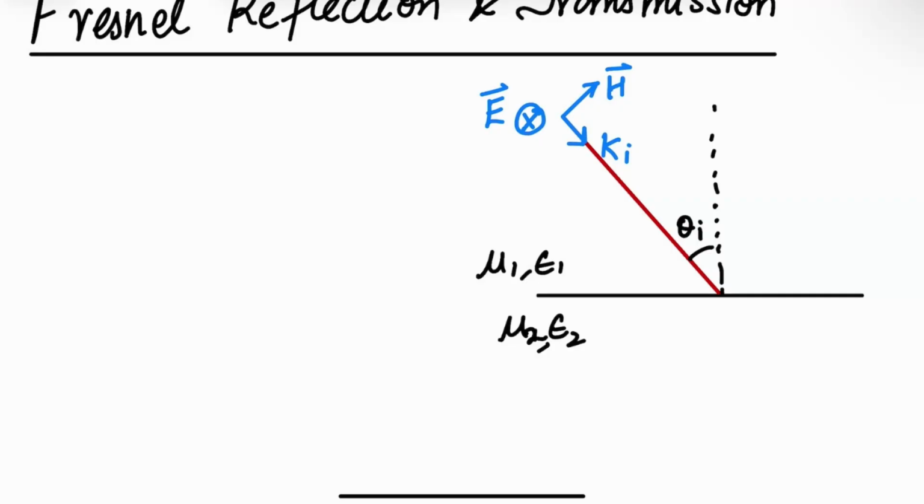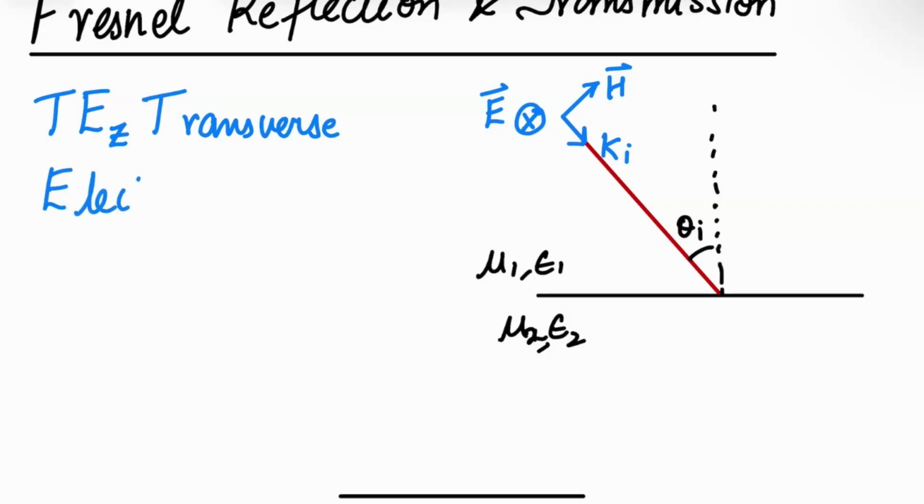So this is the case we'll treat first, and this case is called TE, transverse electric. TE to Z typically. It's still a plane wave, still a TEM wave with respect to its own coordinate system.